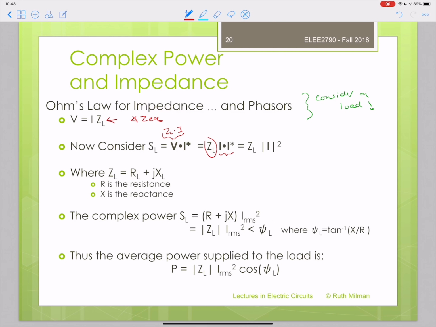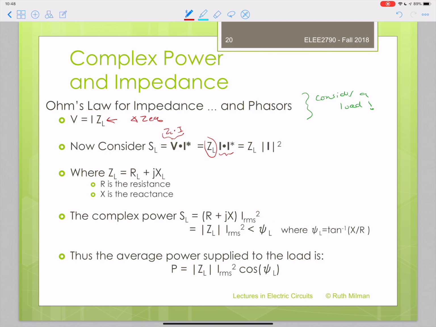Well, if you break it down, you know that resistors will always have real impedance or real numbers, and that gives you resistance. And if you have capacitors or inductors, they have a reactance, they have a purely complex impedance. Essentially, whenever you have a load, you have a complex circuit put together. It has resistance components to it, and it has reactance components to it.